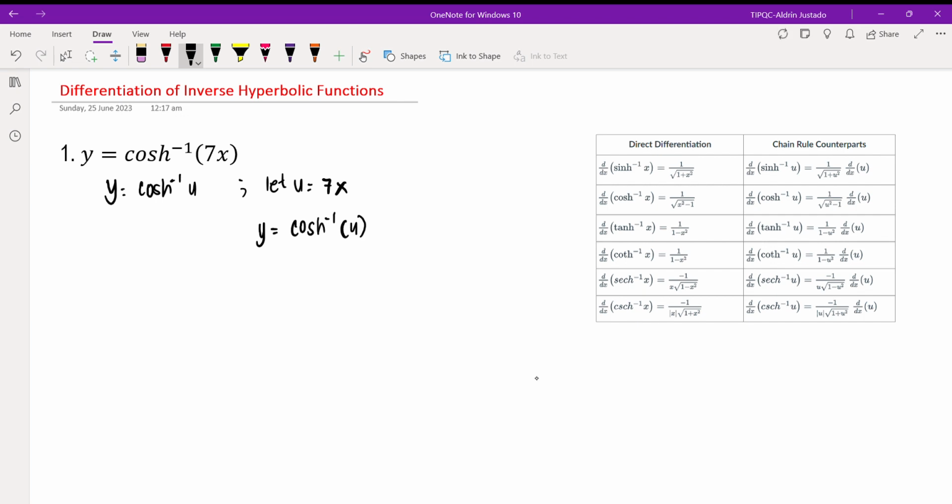So, differentiate both sides with respect to x. dy over dx is d over du of inverse hyperbolic cosine of u times the derivative of u. Okay? dy over dx is equal to, since inverse hyperbolic cosine, ito yung gagamitin natin.